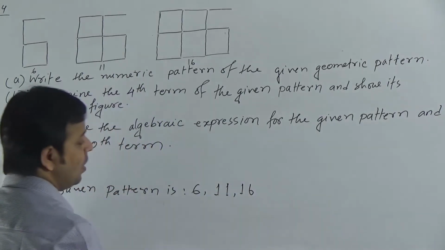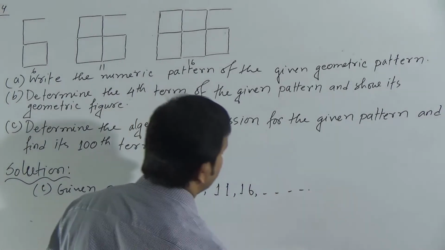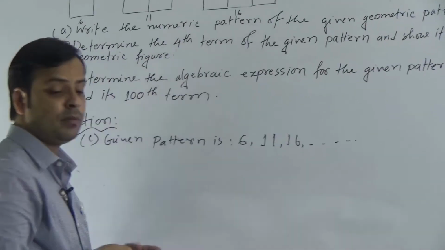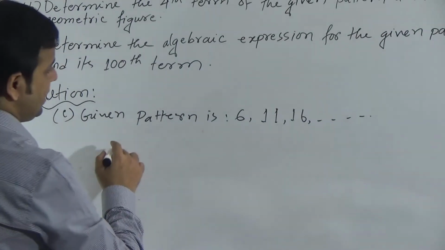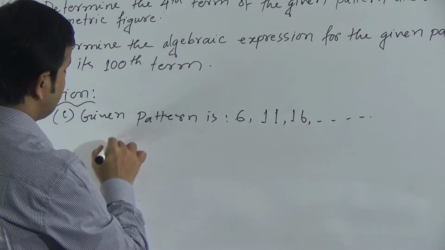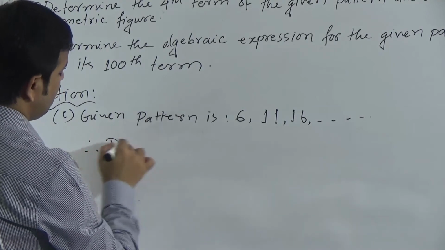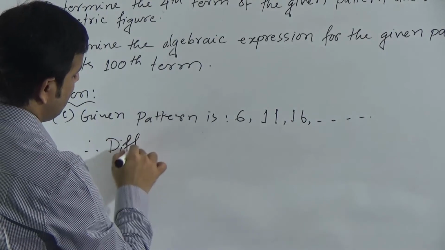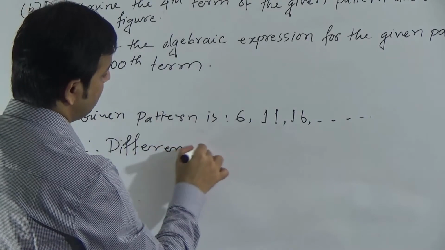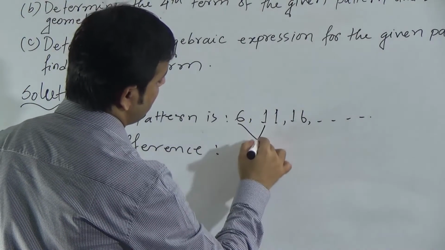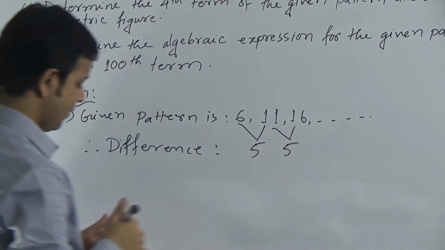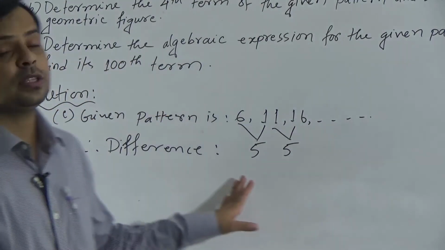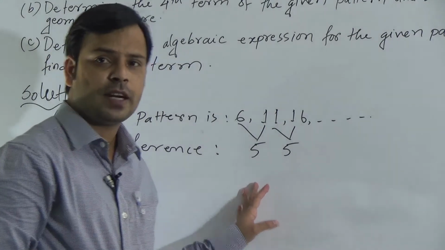This is obtained from A. Now see the difference between two consecutive terms. The difference is 5. The difference between two consecutive terms is 5.